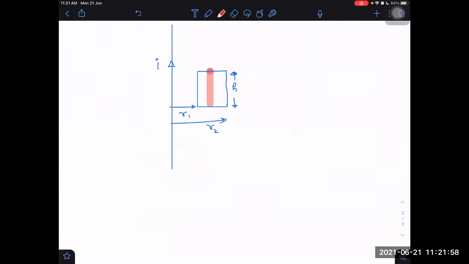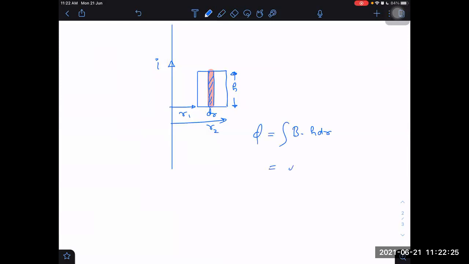Let's say this is the rectangular element here. What is the flux passing through this rectangular element? B into h into dr. This will be the flux.